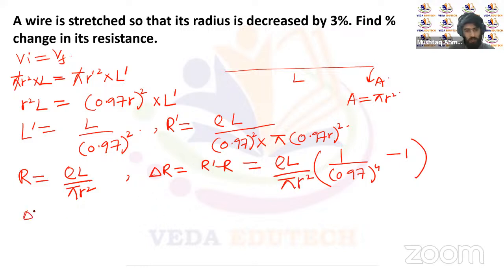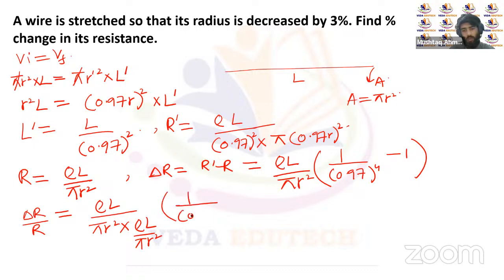So the relative change in resistance, delta R upon R, will be equal to rho L upon pi R square multiplied by 1 upon 0.97 raised to power 4 minus 1, divided by rho L upon pi r square. This and this will get cancelled. So we'll be left with the fractional change in resistance, that's 1 upon 0.97 to the power 4 minus 1.